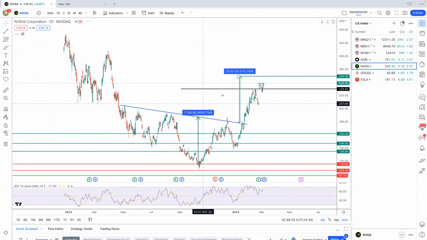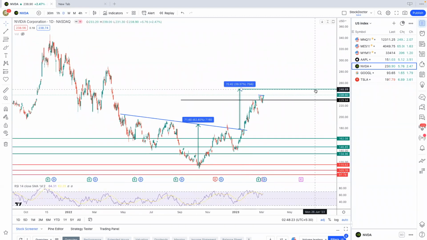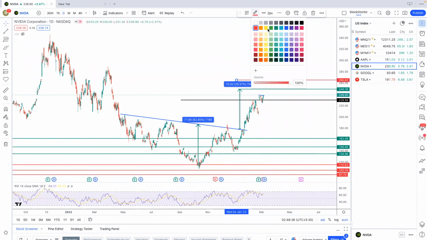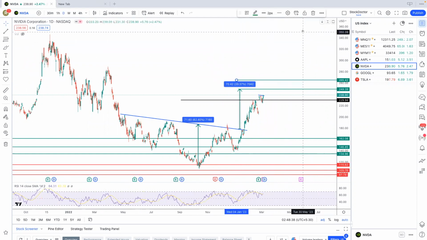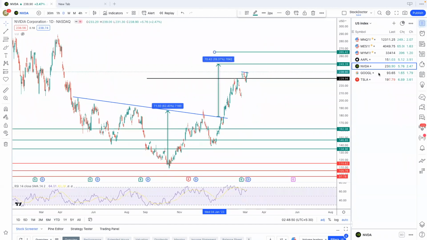So the first target which I mentioned, that 250, is intact, and once it starts trading and sustaining above that, then the next target is coming around $265. These are the two targets for Nvidia for the upside. And for the downside, once it starts trading below 230, then we will see the downside move in Nvidia. But looking at this chart right now, I feel that Nvidia has more room to give some upside.